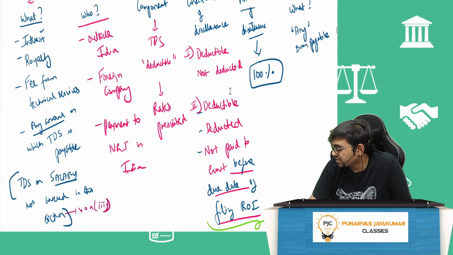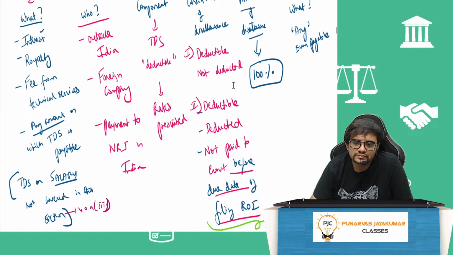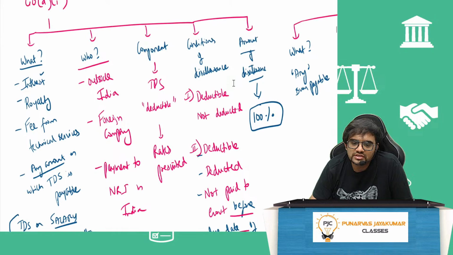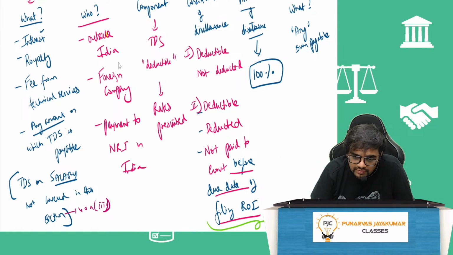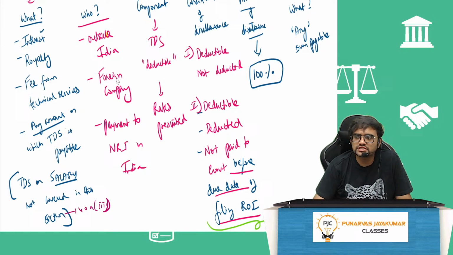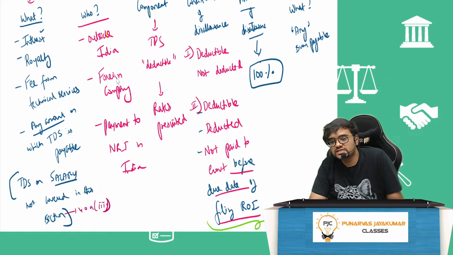40(a)(iii), TDS on salary to foreigners. So this covers what? Only foreigners. Any payment outside India, payment made to a foreign company, or payment made to an NRI in India. What all is covered? Interest, royalty, fee from technical services, and any other amount on which TDS is payable.